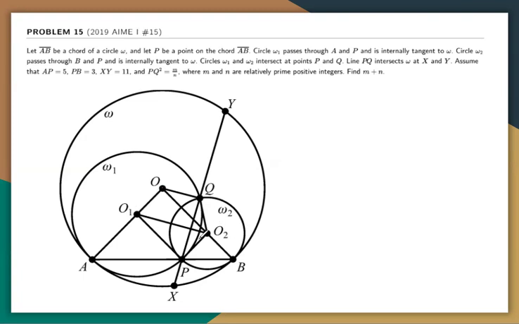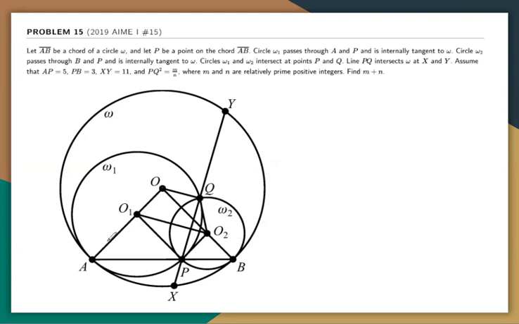So we have three centers connected, and since Q and P are intersections, we connected the center of the first circle with Q, and the other circle with P as well. Anyway, this is the figure we have.